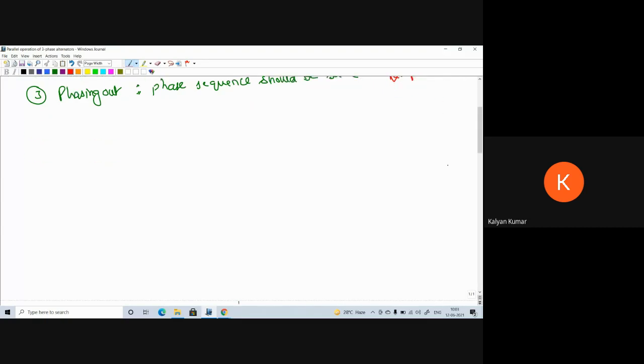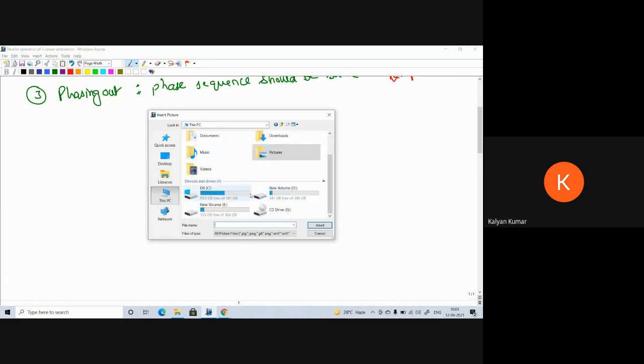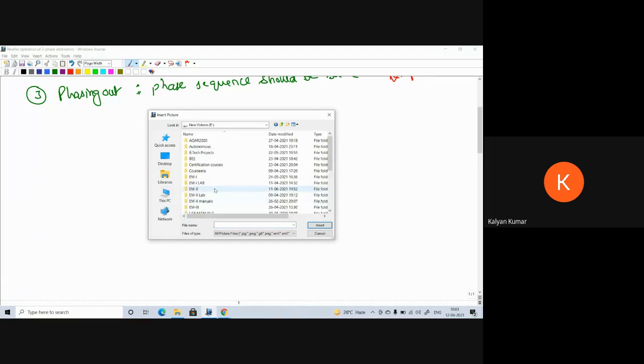Now, let us see how an incoming alternator B has to be connected in parallel with the existing alternator for a three-phase system.